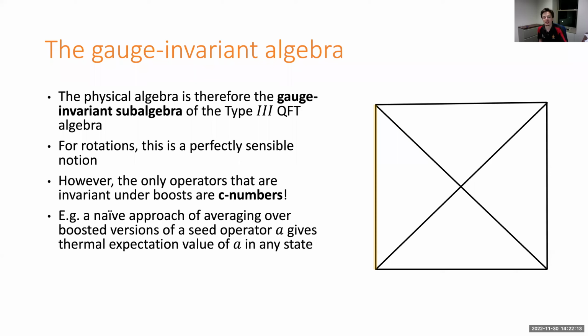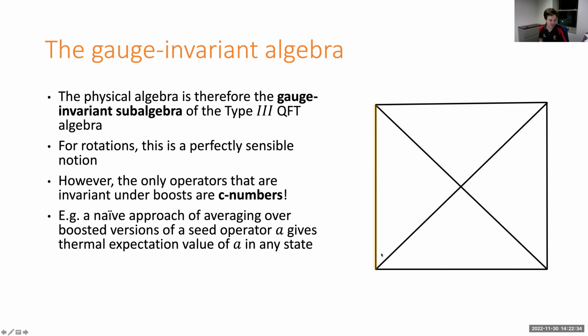The trouble is that any QFT state on this de Sitter space, in the very bottom corner and the very top corner, will always just look like a thermal state. So this average over an infinite range of times will almost entirely be averaging over a state that has a thermal expectation.